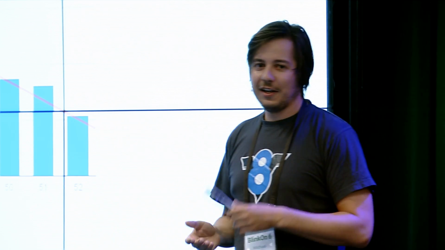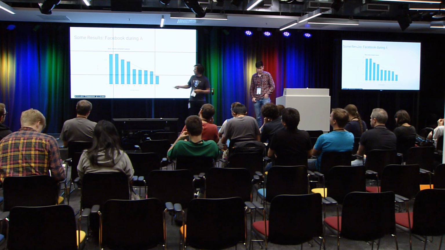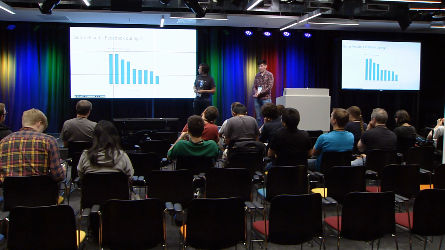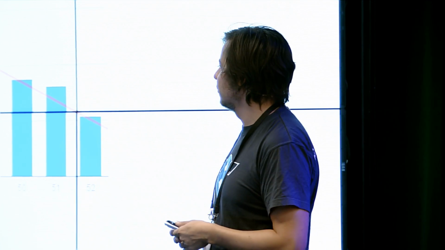Some results. Our favorite social website, Facebook, during the animation part. We scroll Facebook and look at the finalization events of the Mark-Compact collector. On the x-axis you can see the Chrome version starting from 44, and on the y-axis the maximum pause time.